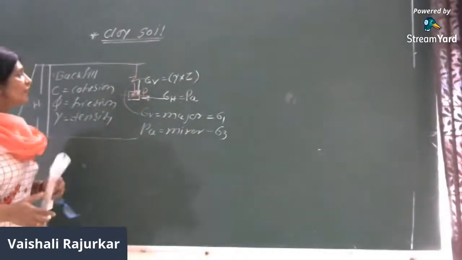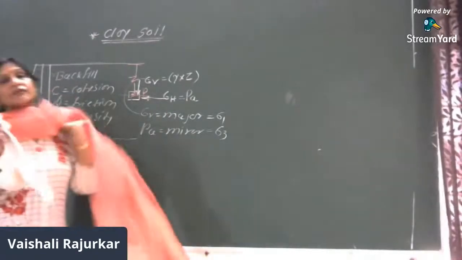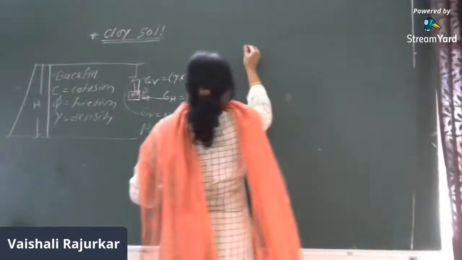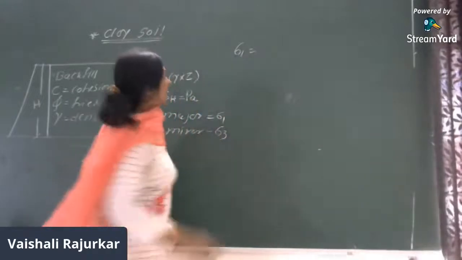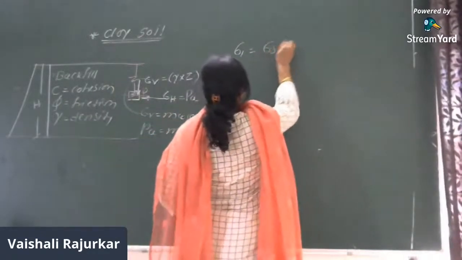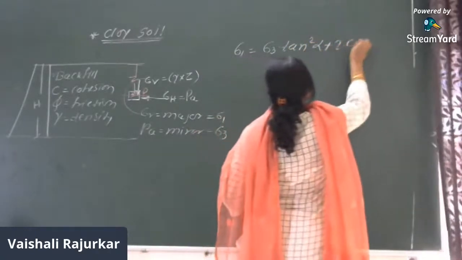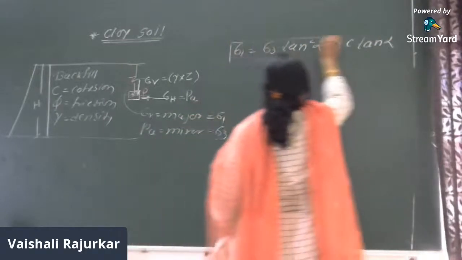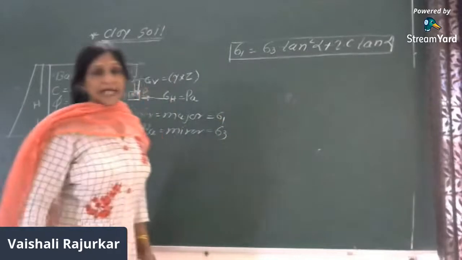Now we will assume the condition of plastic equilibrium. What is the equation of plastic equilibrium? It is sigma 1 is equal to sigma 3 tan square alpha plus 2c tan alpha.